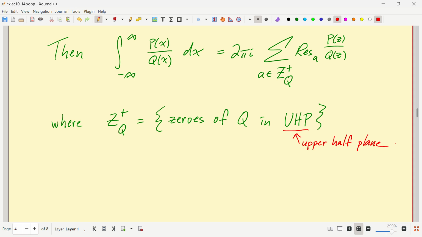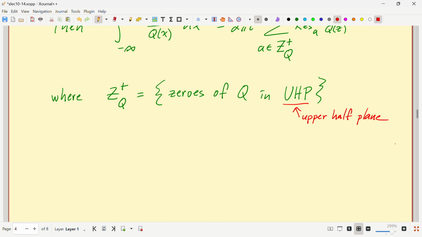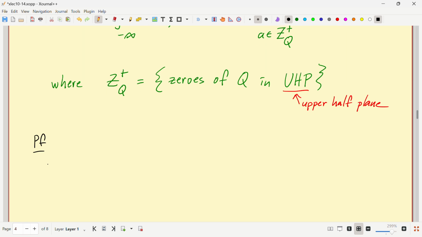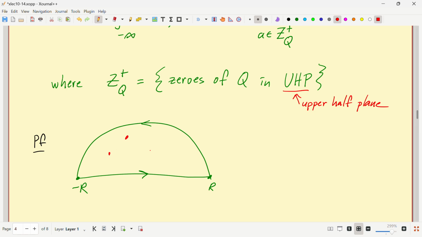Okay, so the proof is going to be a snap. Let's see, proof. I'll use that contour like I've drawn before. It's the simplest one where I take a half disk, and I'll go out to some radius r and have minus r here. And I'll make sure that that r is big enough so that those finitely many zeros of Q in the upper half plane, they're finitely many, we know because of the fundamental theorem of algebra.